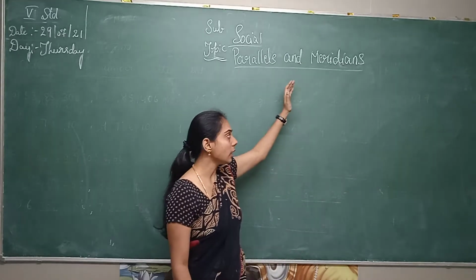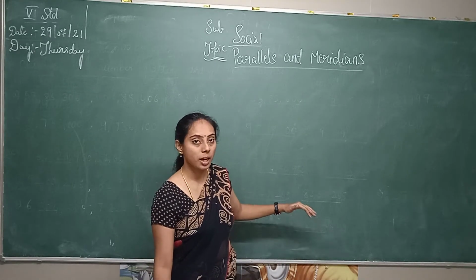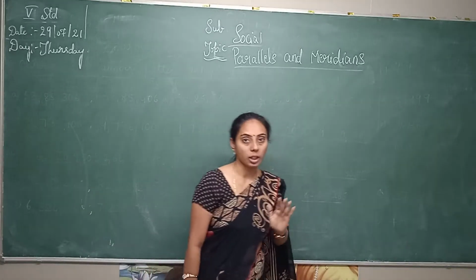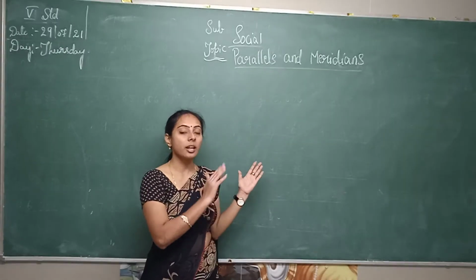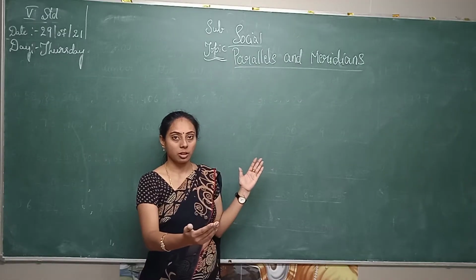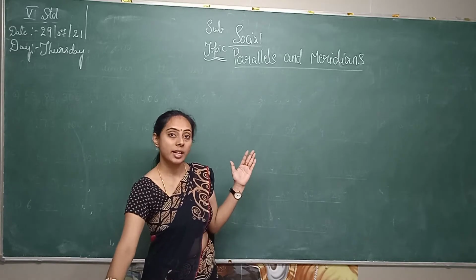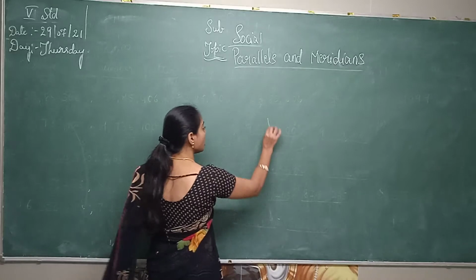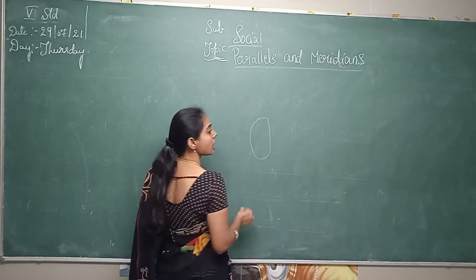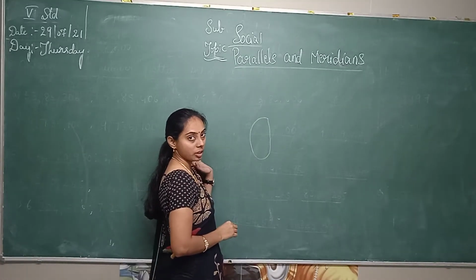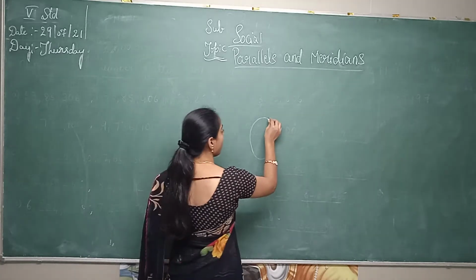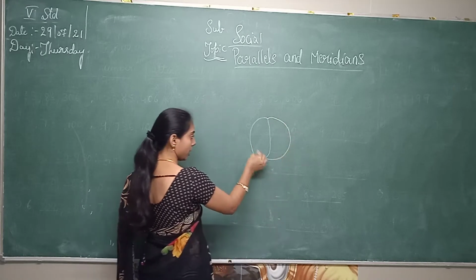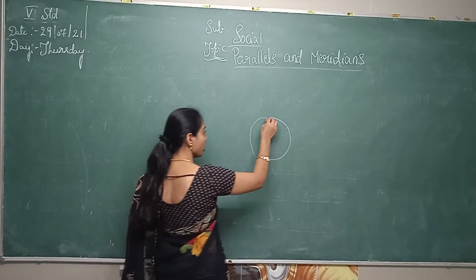Northern and southern hemispheres are in the parallels, and in the meridians we know the eastern hemisphere and western hemisphere. The earth is always divided by meridian lines, like this. This is the eastern meridians and this is the western meridians.